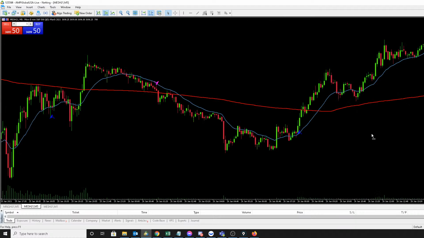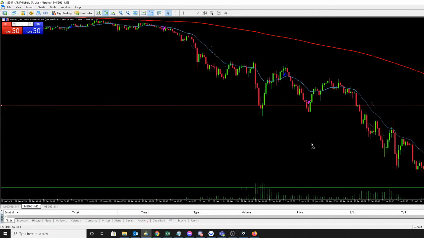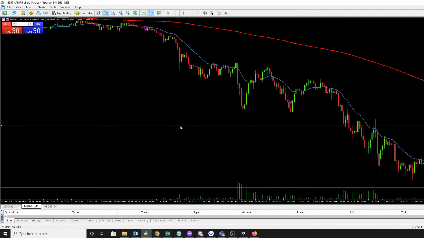For that particular trade, I'm looking for an exit somewhere down in this area, where there was previous price action.